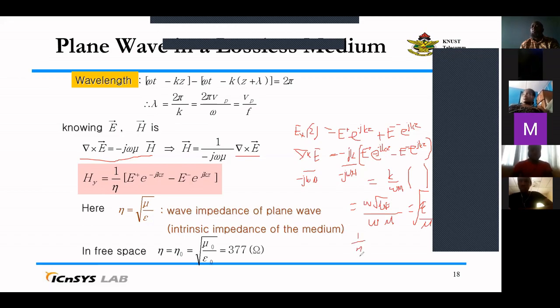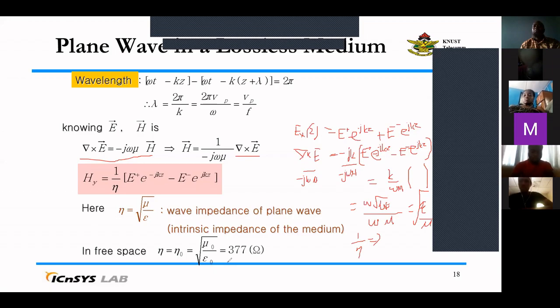Now this factor is called 1 divided by eta, where eta is the impedance of the medium. In this case, impedance of free space will be equal to this. And therefore, if you want eta, then eta must be equal to square root of what? Mu over epsilon, the inverse. And if you take mu for free space, it's mu naught, and epsilon naught. If you put in these values, you get 377 ohms.